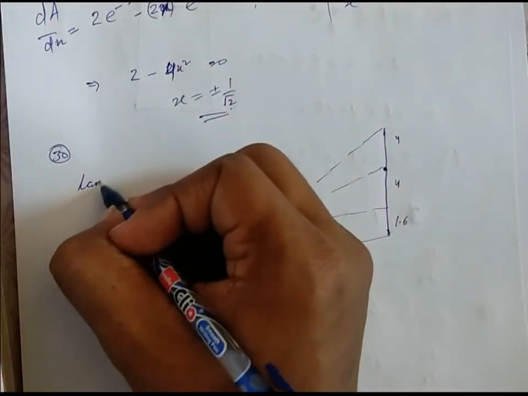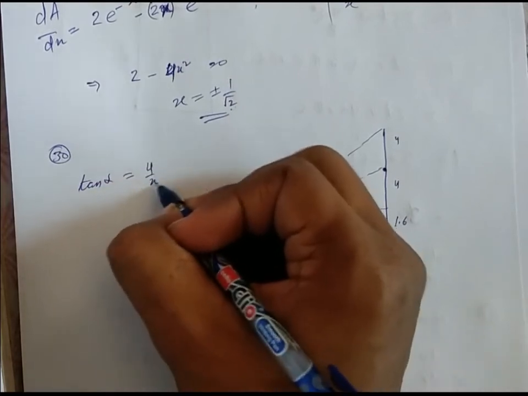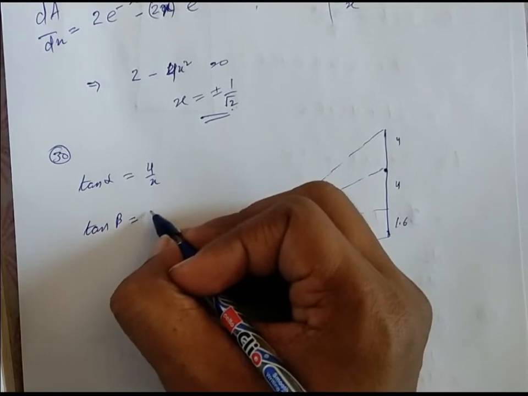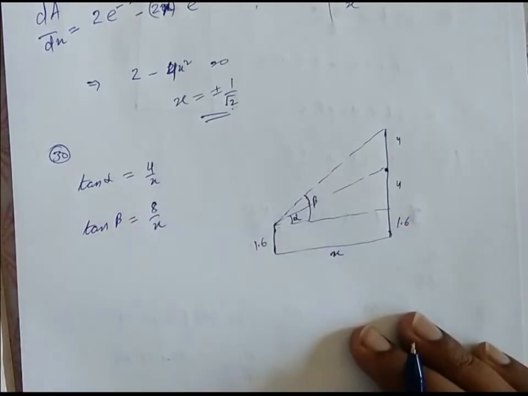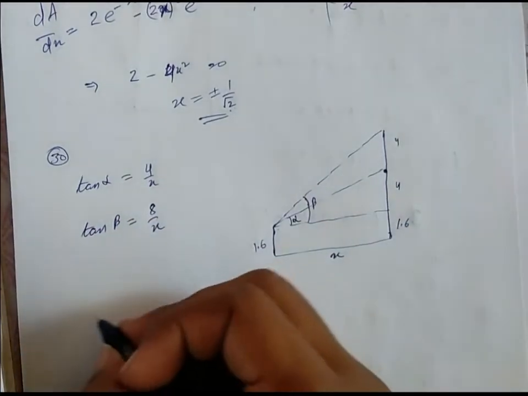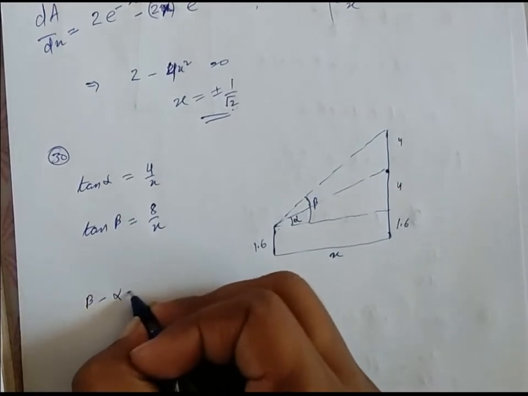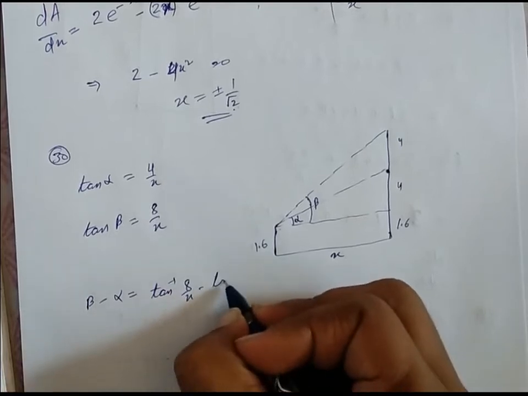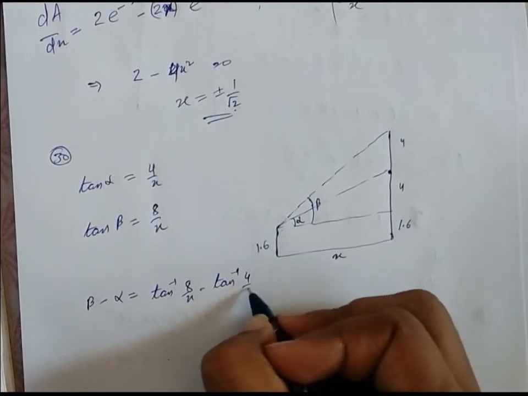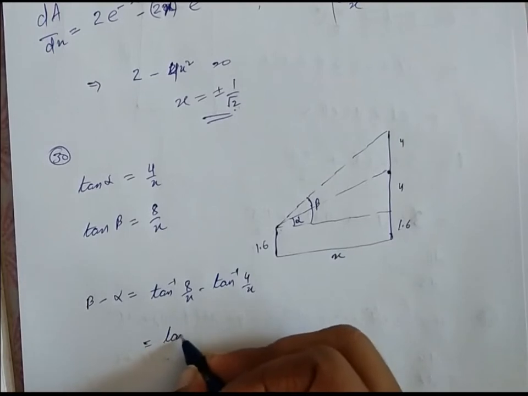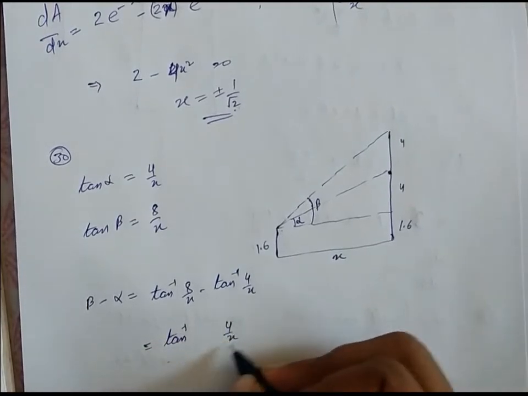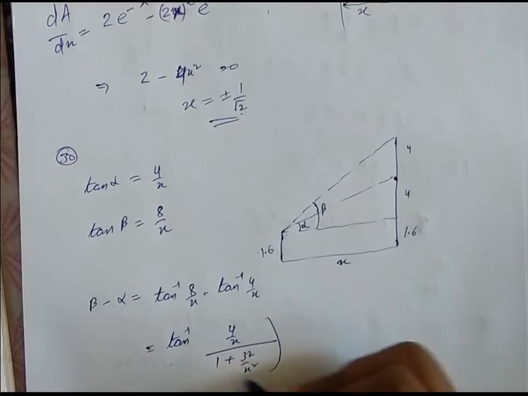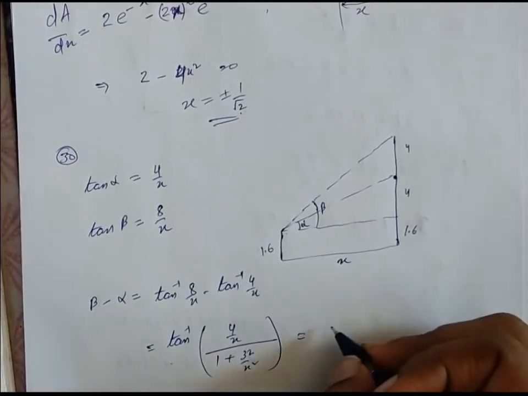So tan alpha equal to 4 by x, and tan beta would be equal to 8 by x, and beta minus alpha should be equal to tan inverse 8 by x minus tan inverse 4 by x, which needs to be maximized.